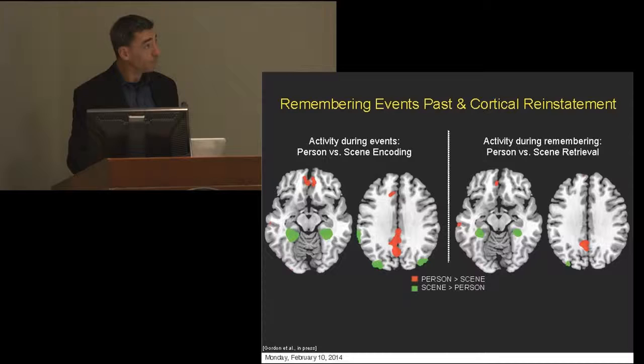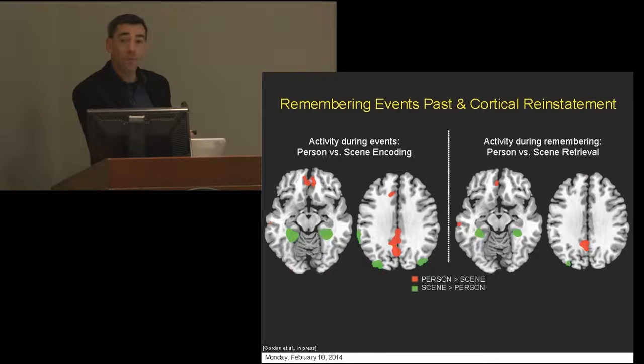And we know a lot about how retrieval, in fact, partially depends upon this sort of reinstatement of information out in the cortex. Here are patterns of activation when subjects are encoding information about people versus scenes. You can see different cortical areas are more active during person encoding versus scene encoding.